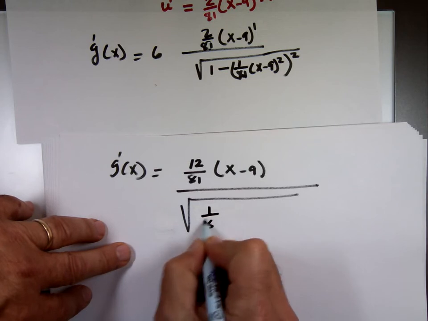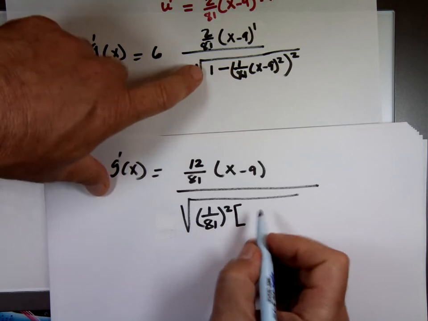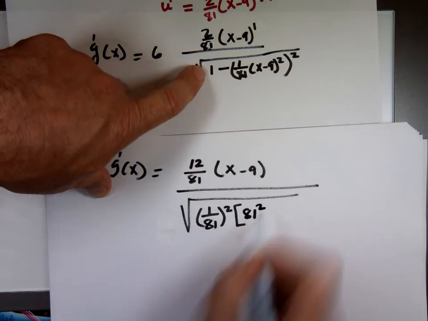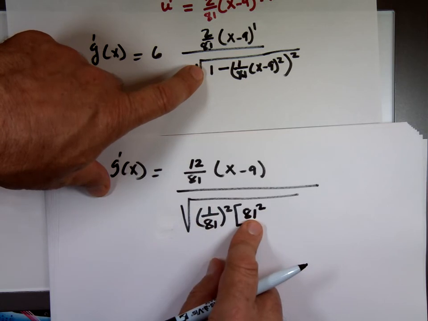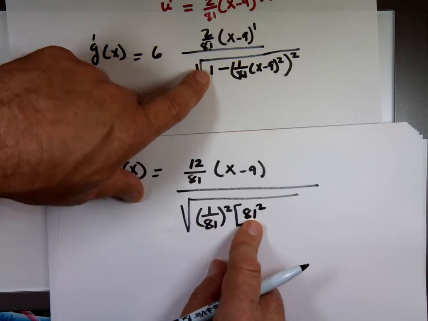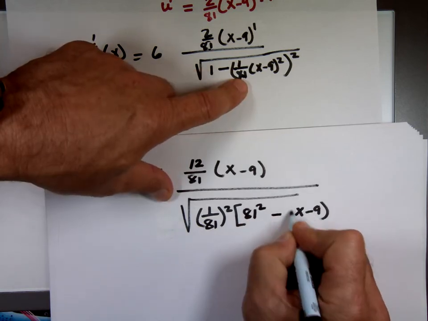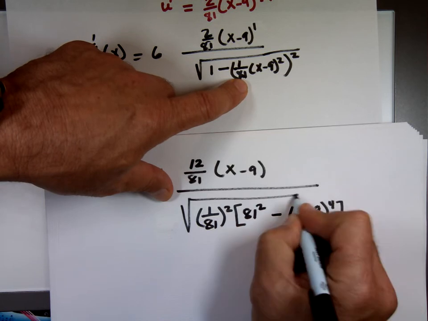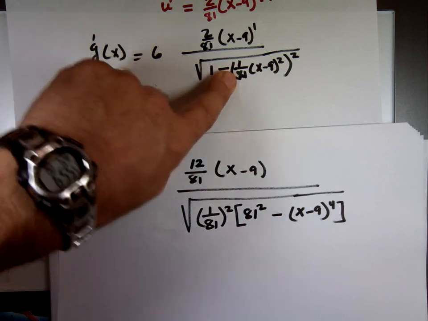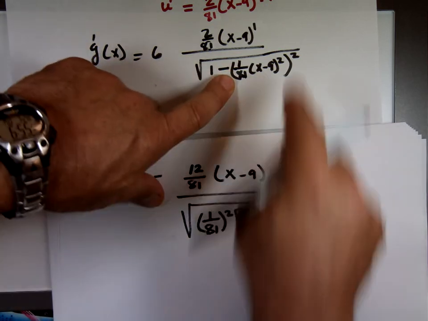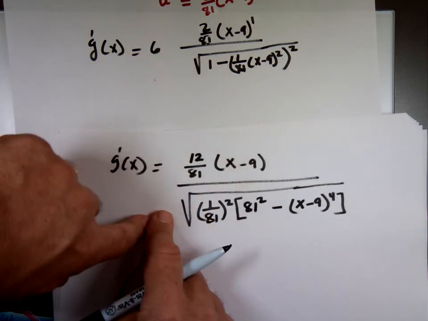What's left here? Well, I don't have that. That means I better make this one 81 squared. So when you distribute that, what's 1 over 81 squared times 81 squared? That's a 1. That gives you that piece. Minus, this will be x minus 9 to the 4th power. I factored 1 over 81 squared out of both of these. The reason I did that is because that gives me 1 over 81 outside. That was my intention.